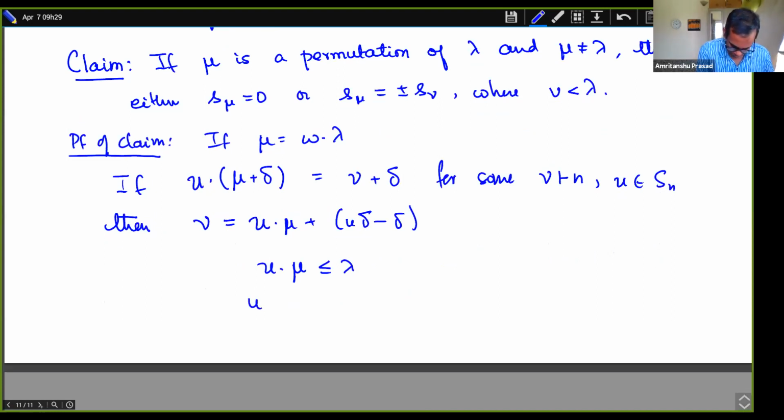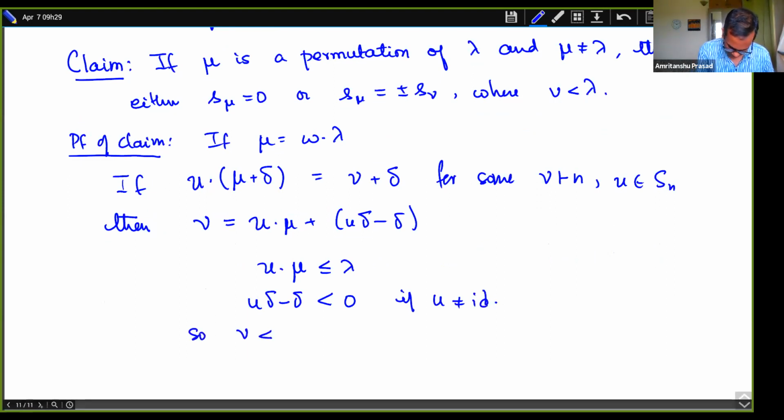And also w delta minus delta is strictly less than 0, because delta was strictly decreasing if w is not equal to the identity. So what we get is nu is strictly less than lambda if w is not equal to the identity.